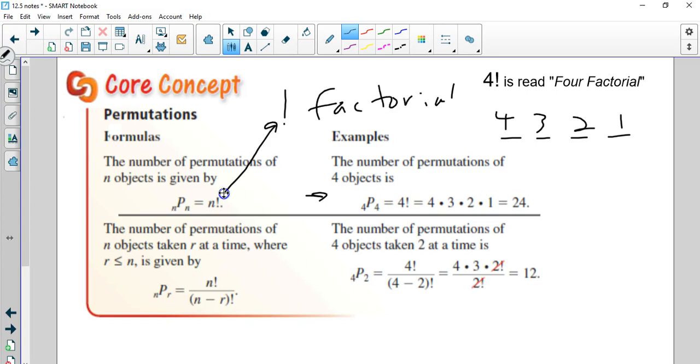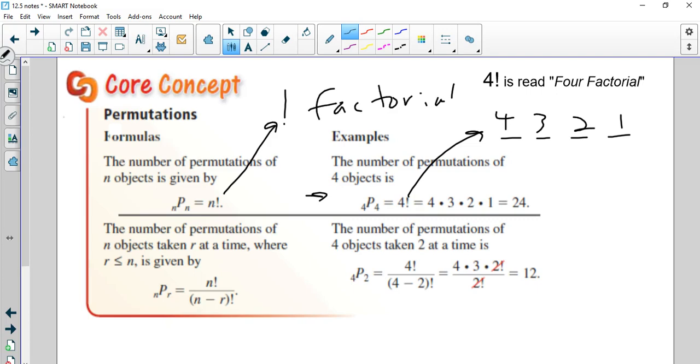Well, this is the same thing as 4 factorial. It means take 4 times 3 times 2 times 1. So 7 factorial would be 7 times 6 times 5 times 4 times 3 times 2 times 1, and so forth. That's all it means. So when we're just arranging 4 objects, and they all have a certain place to be, it's the same thing as saying 4 factorial.